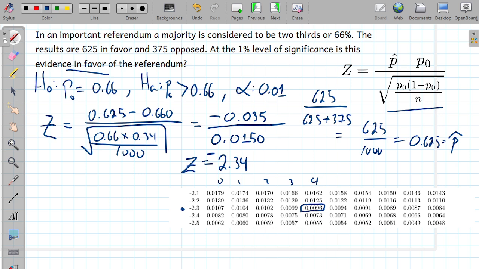So the p-value, our p-value, now you're saying, wait a minute, why are you going that way? Well, here, let's write this down so I don't forget. P-value is 0.0096, but alpha is 0.01.